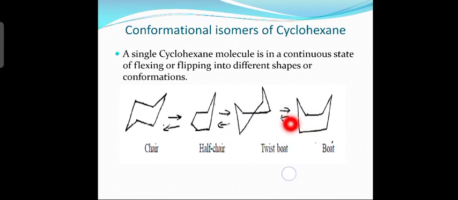The chair form is this, which looks like a chair. Then this is the half chair, which looks like a broken chair. This is a twist boat, somewhat like a boat. So these are the different conformational isomers of one cyclohexane. The chair form can get converted into the boat form, half chair form or twist boat, continuously changing.